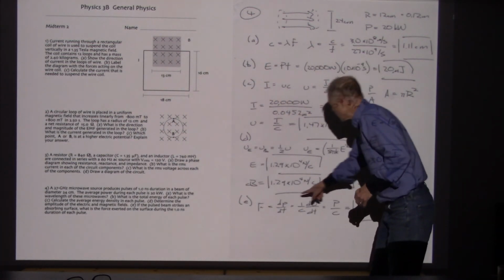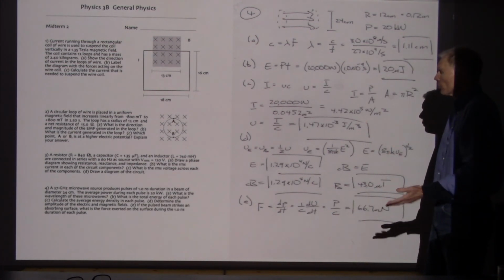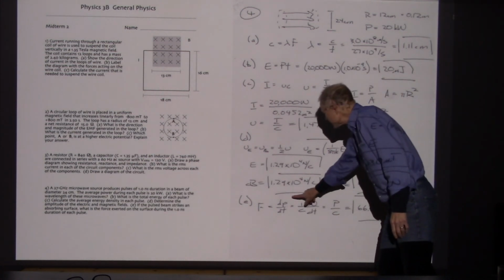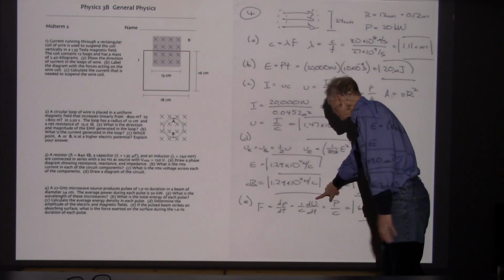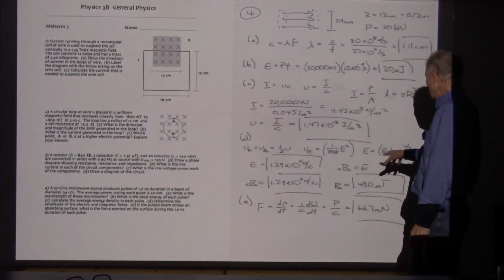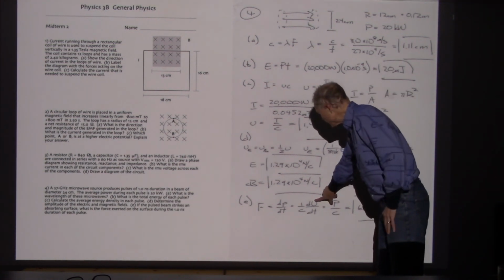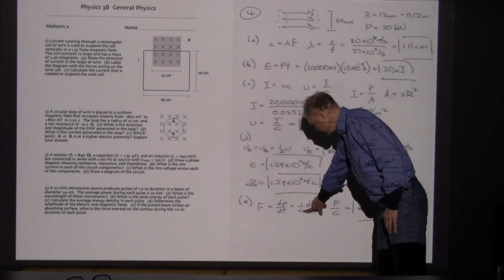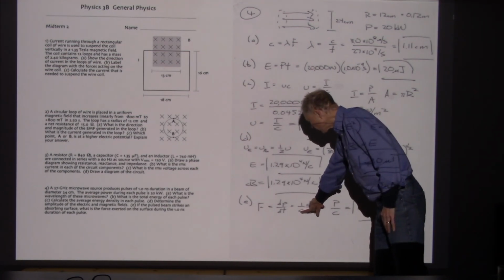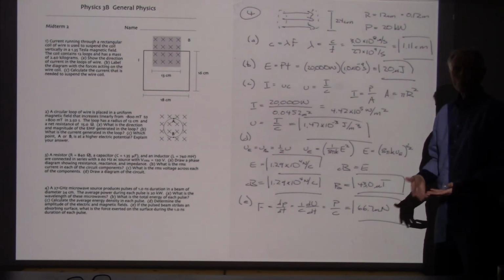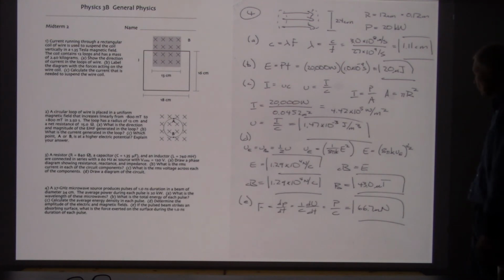Now, what we said here is that we're going to borrow a formula from special relativity, which we'll be learning here in just a couple weeks, that momentum is equal to energy divided by C. For energy, I'm using U because E is already reserved for electric fields. So for now, we're just going to say momentum is equal to U divided by C when we're dealing with light or photons or propagating electric and magnetic fields.